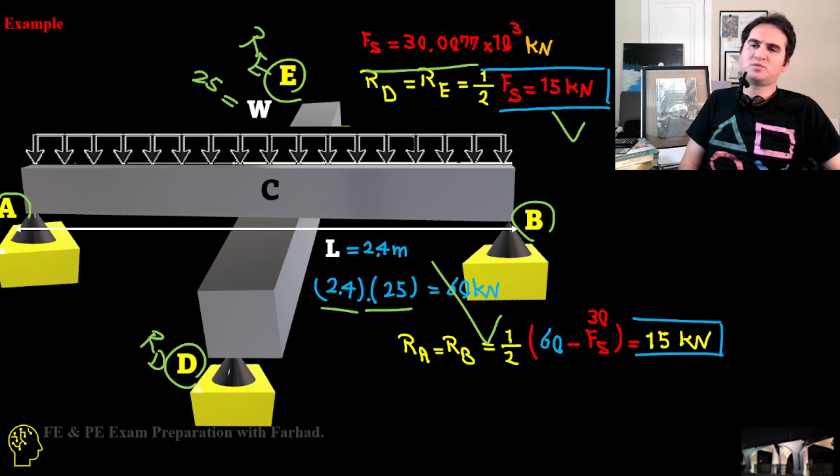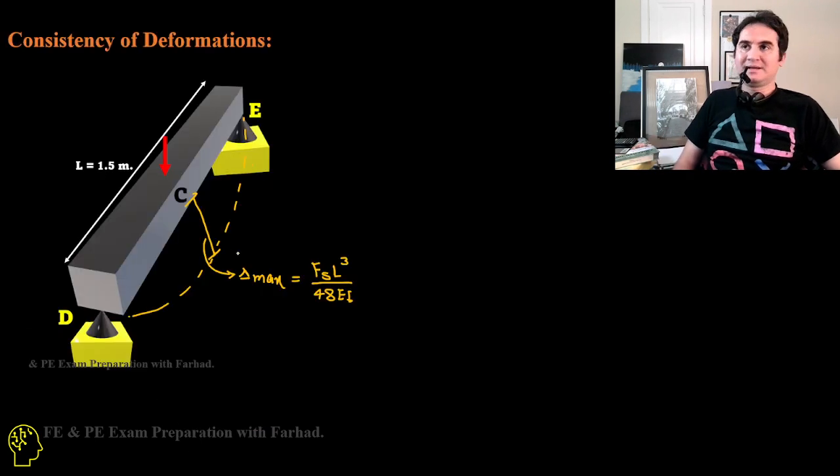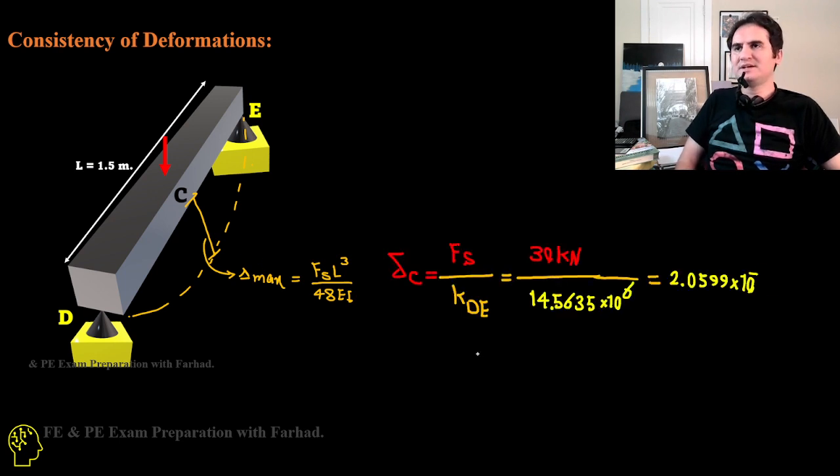That's half of 60, which is the total force, minus Fs, which is 30. So all the reactions are equal to each other for this case, and they are 15 kilonewtons.